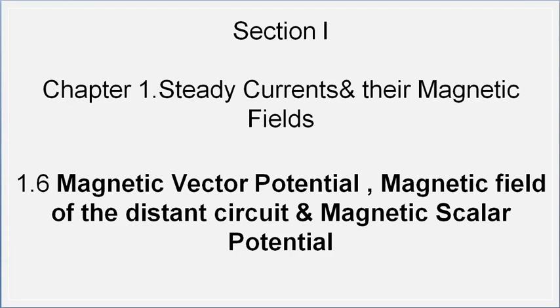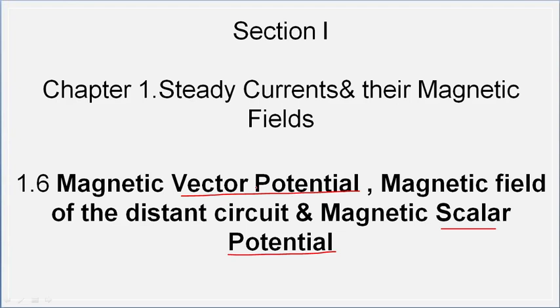Now in the same way, in magnetism, we will define a potential, because calculating a magnetic field is not easy for every circuit. So we define a potential, but in magnetism we have to define 2 types of potentials: one is a vector potential, the other is a scalar potential.